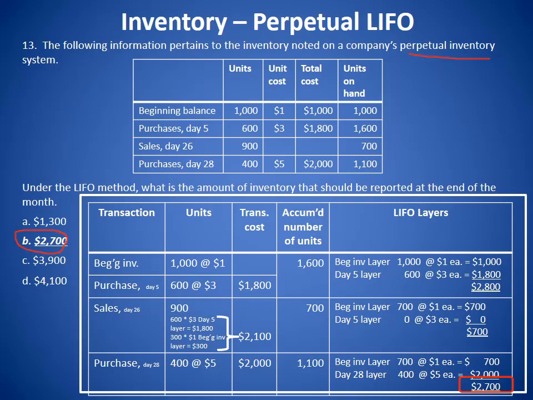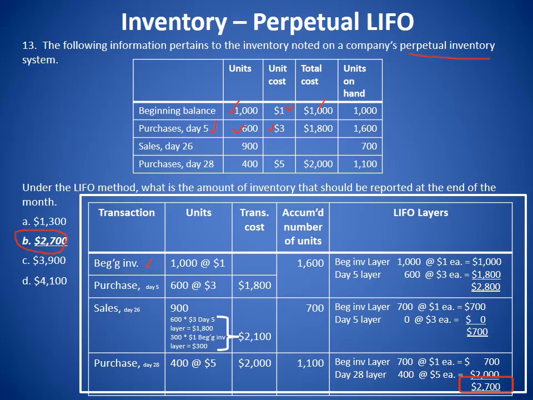Okay, the first thing is we start off with our beginning inventory, and we know it's 1,000 units at $1 per unit. So the value of our beginning inventory is $1,000. Now we go on to our purchases for day 5, and we're purchasing 600 units at $3 a unit.